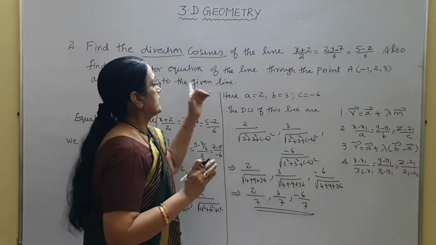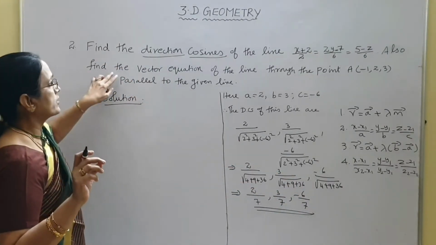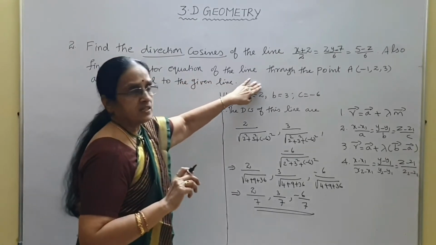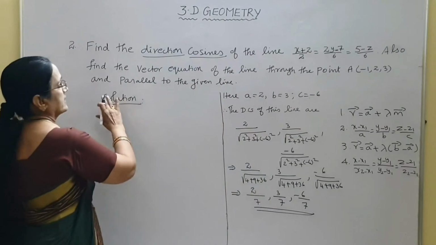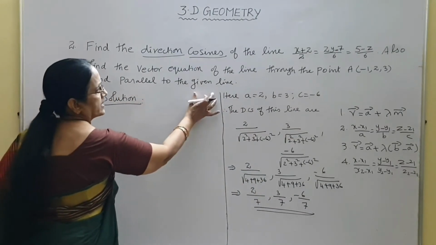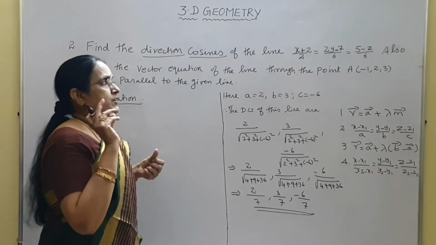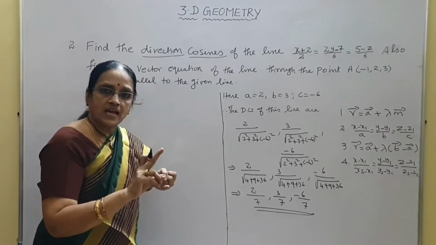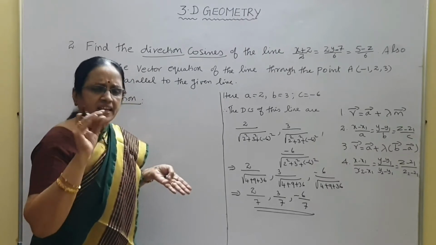Now, let us do the second part of the question. The second part, you need to write the vector equation of the line through this point and parallel to the given line. That means, vector equation of the line passing through a point parallel to a direction.